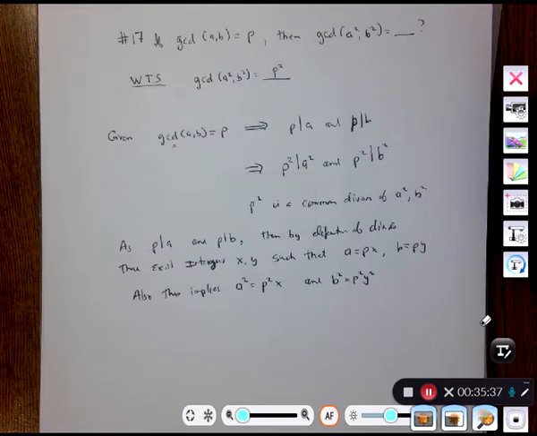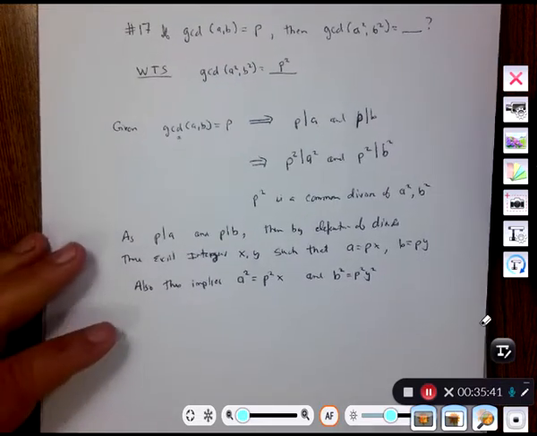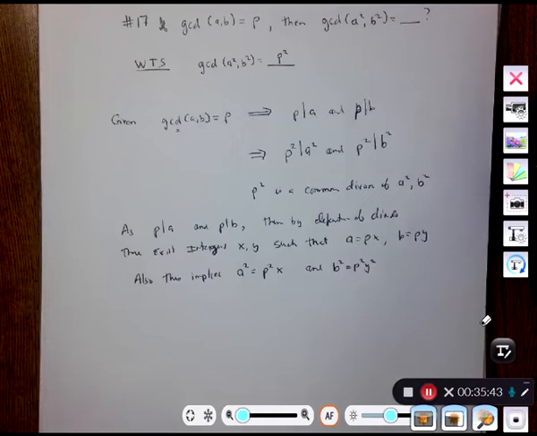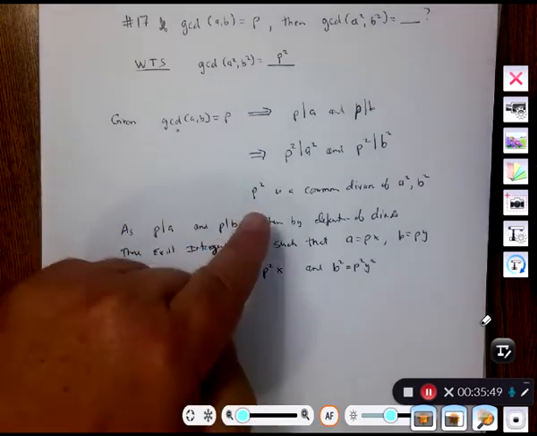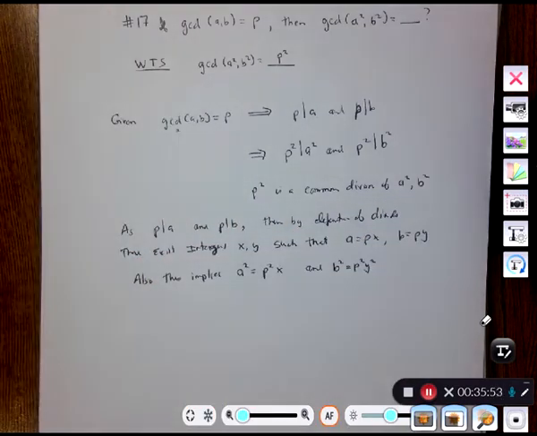So, let's keep going here. Now, here we go. I've got p squared as a common divisor. For the greatest common divisor, I have to make sure that p squared is the biggest of all.